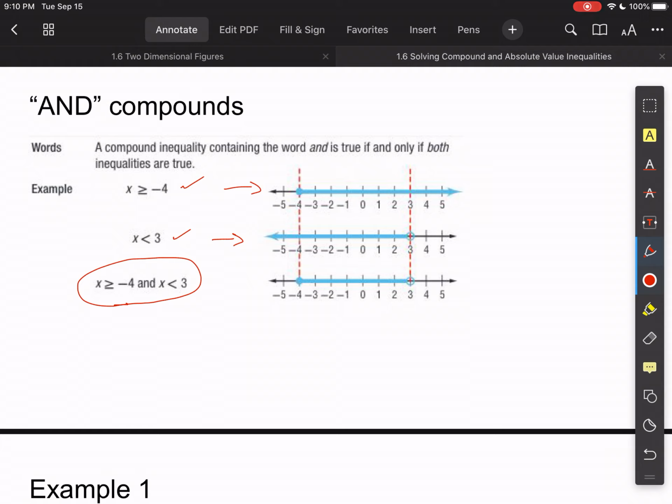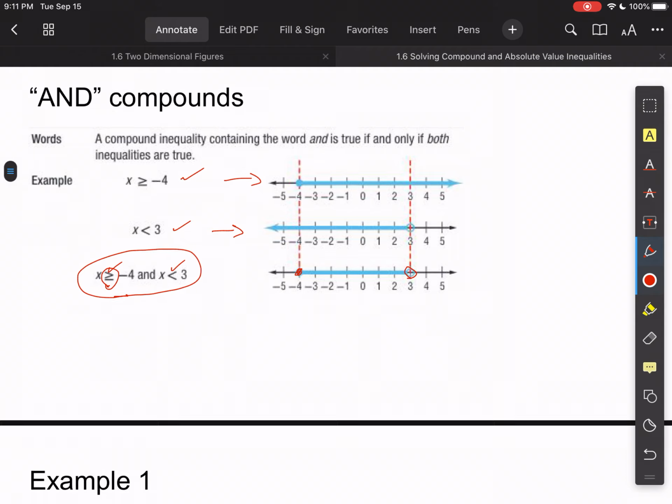If it is an "and" statement, both of these things must be true on the graph, so we only include the space in between. Notice that we include the -4 because it's "or equal to," but at the 3, we have an open circle. So that is the "and" compound.